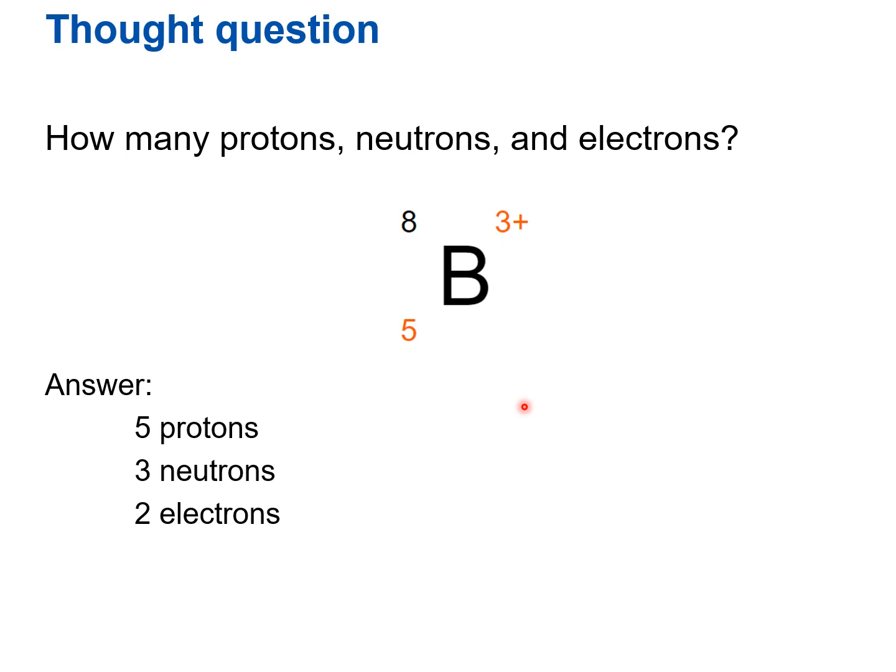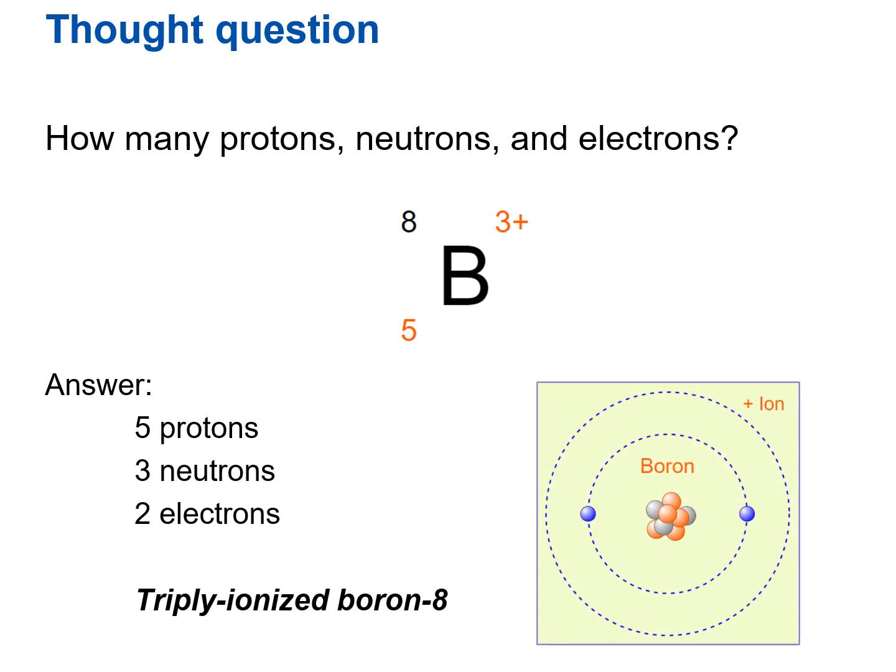So it has 2 electrons. 5 protons means neutrally it had 5 electrons, but 3 have been taken away, so 2 electrons. And we identify this as triply ionized boron-8. There's a picture of it right there.